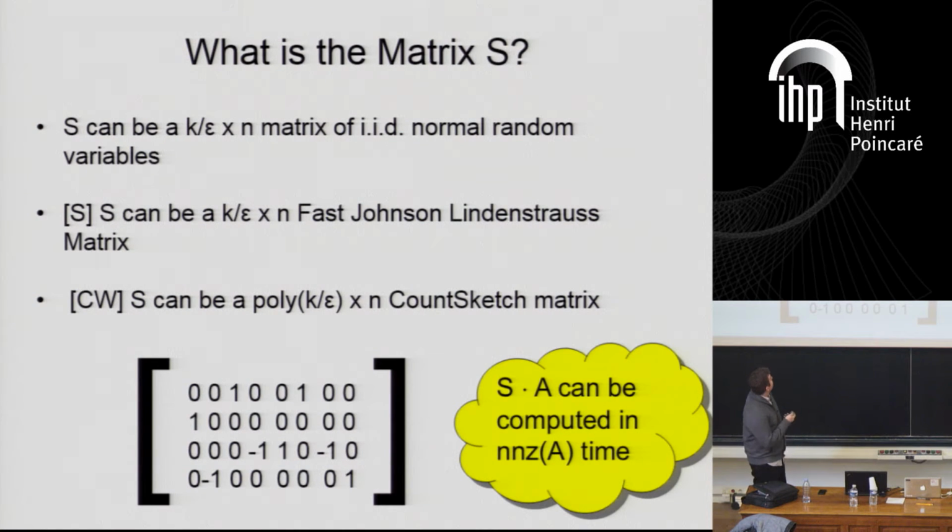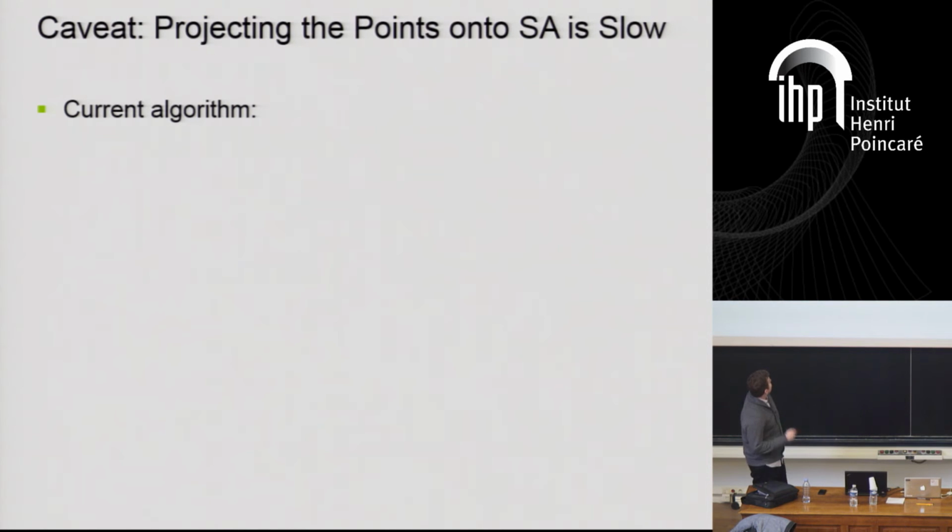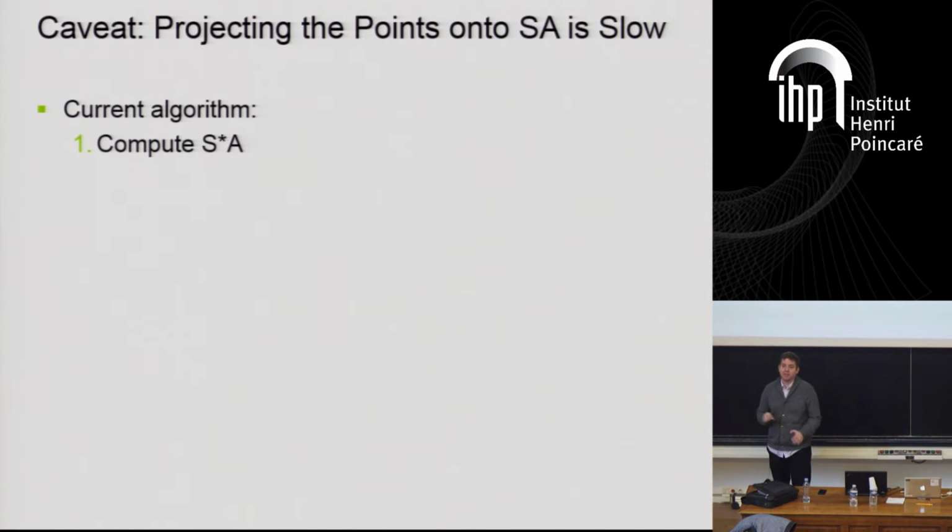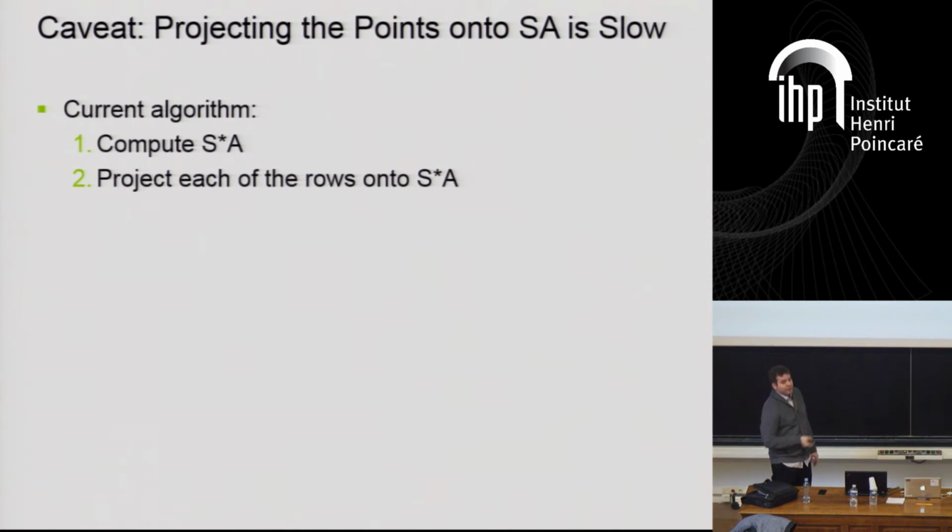Okay, so now there is a caveat in the way I've described it so far. What is the current algorithm? We compute S times A, so we can do that very efficiently using count sketch, say nnz(A) time. Then we project each of the rows of A onto S times A. It's not so clear how to do that very quickly.